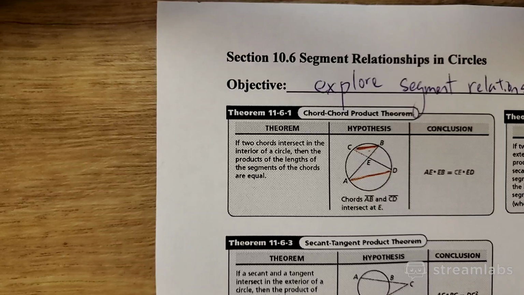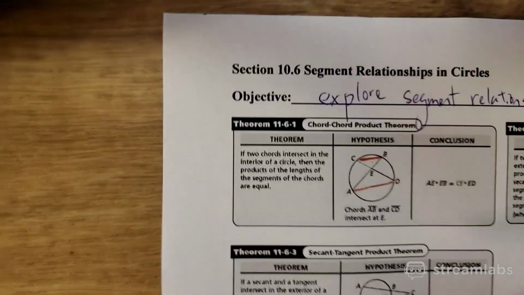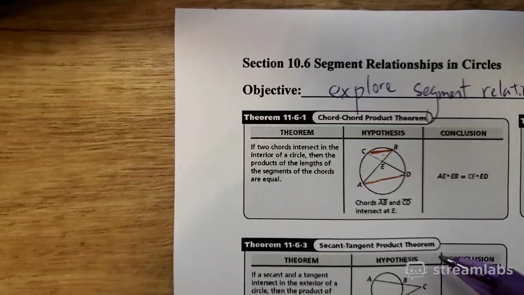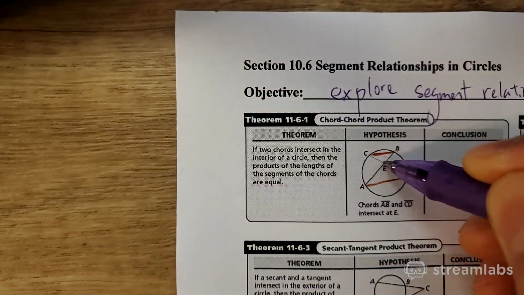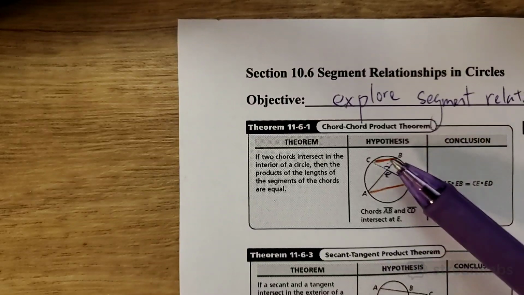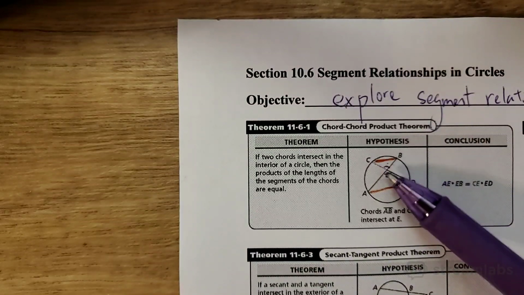Okay, take a look at this. To prove that these two things are similar, let's first look at these two angles. How are these two angles related? These are vertical angles.